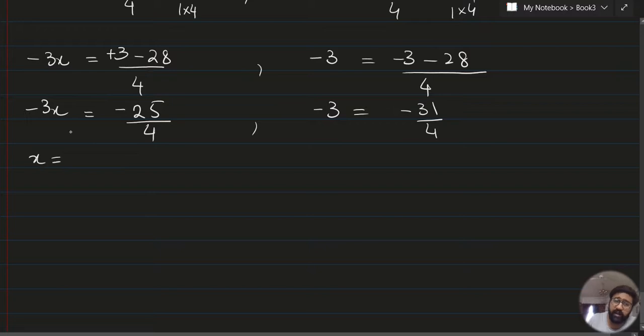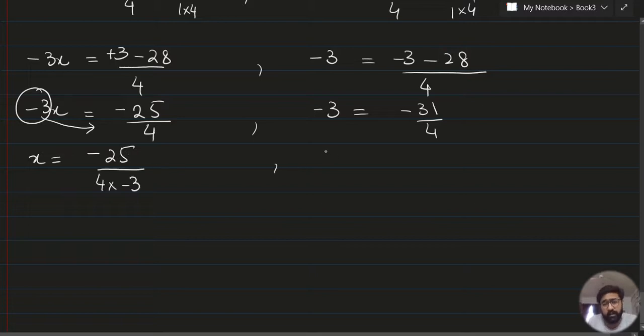So to find out the value of x, this minus 3 is going to go there and get divided, and since there is already something in the denominator, it is going to go there and get multiplied with that denominator, and same is the case here. Minus 31 over 4 multiplied by minus 3.